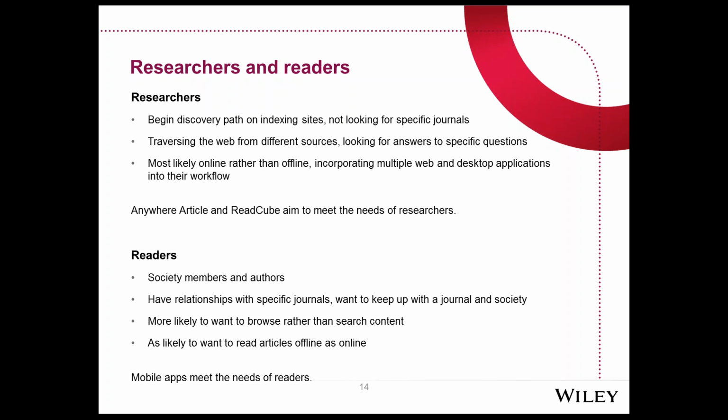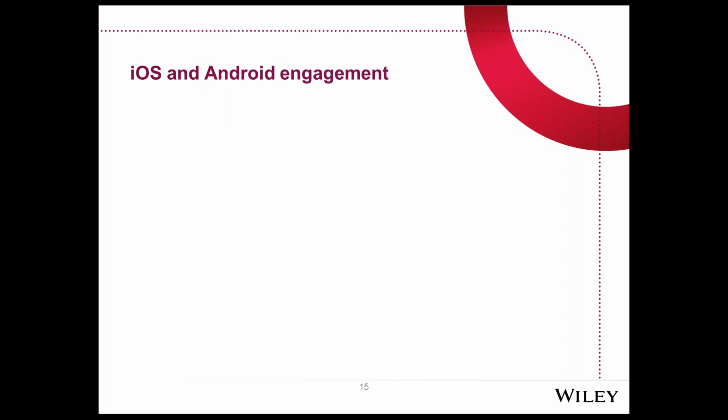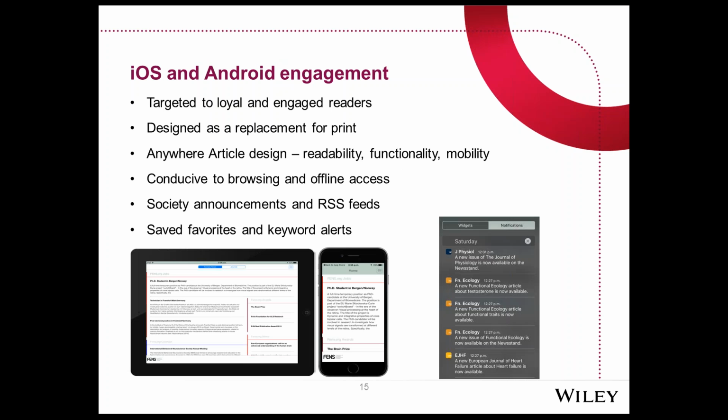And we have mobile apps that meet those needs as well. Again, it's just another way to engage with a reader that has a bit of a different mindset than a researcher. So these are targeted to loyal and engaged readers. It has a lot of the same functionality that Anywhere Article does in terms of design, but again, is available offline and more conducive to browsing.